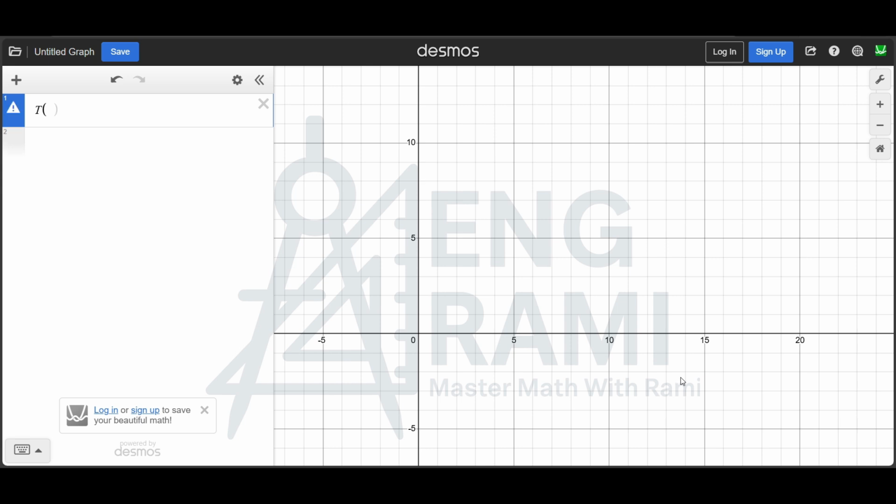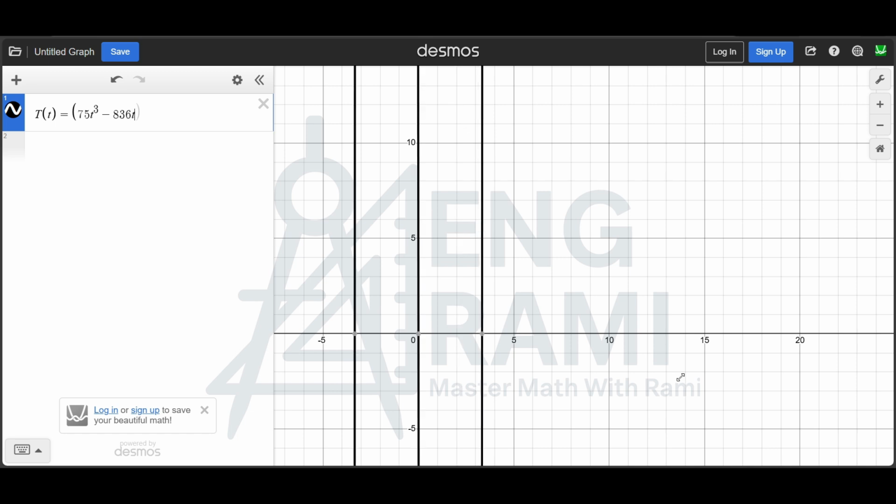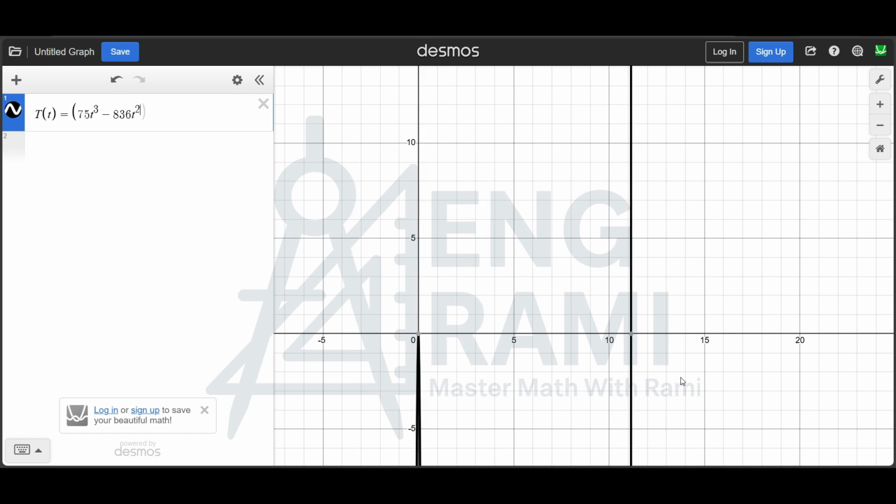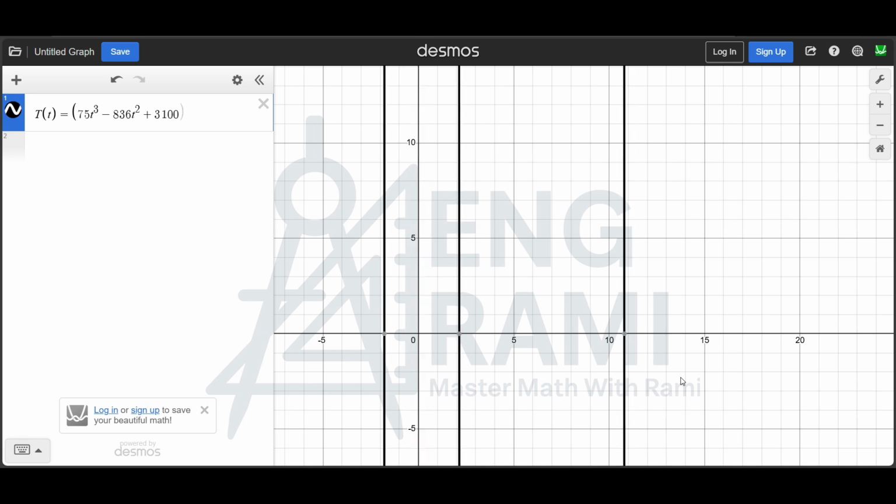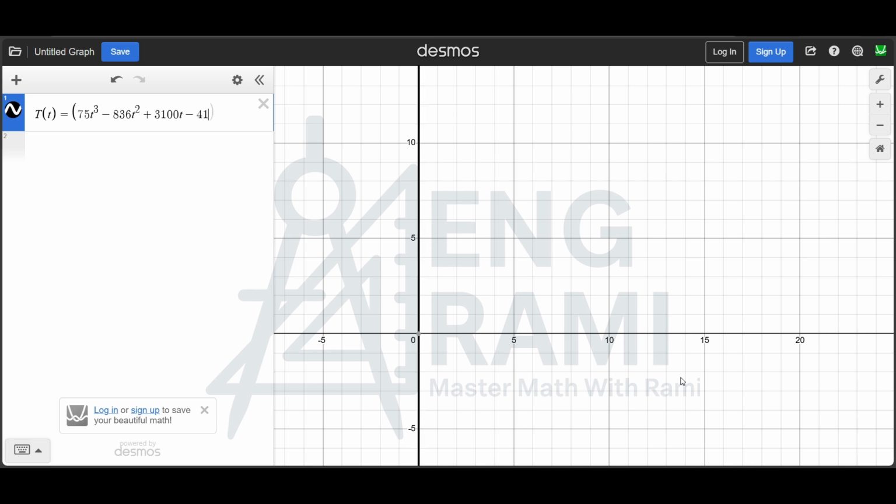Let's write the function T of t equals 75t to the power 3, negative 836t to the power 2, plus 3100t, negative 4185, all of that divided by 14t to the power 2, plus 10t, negative 35.